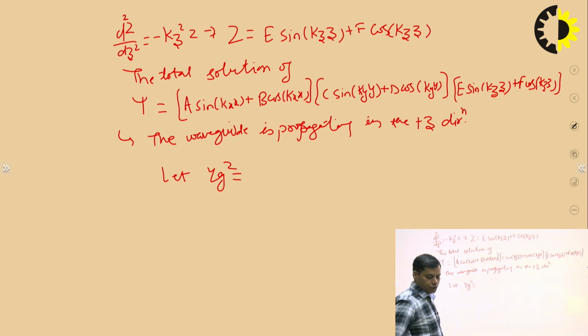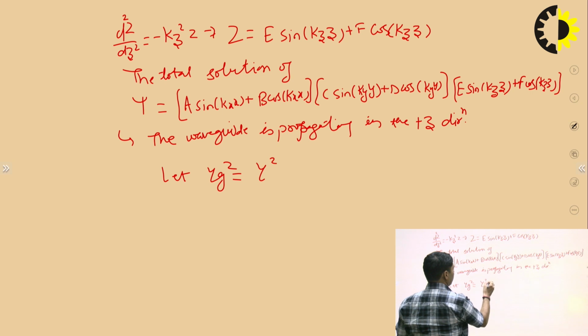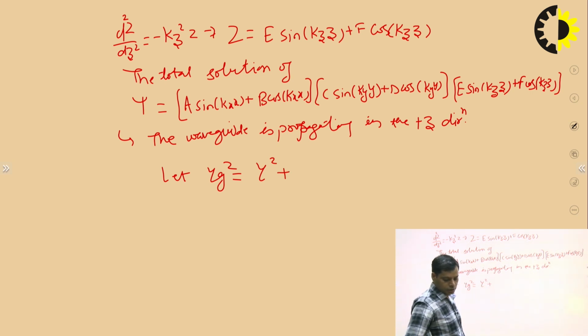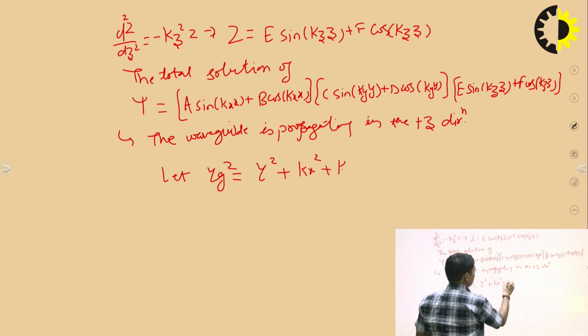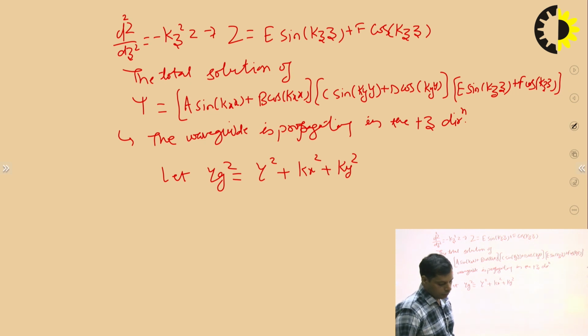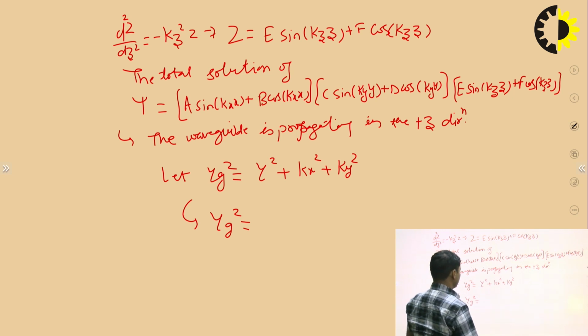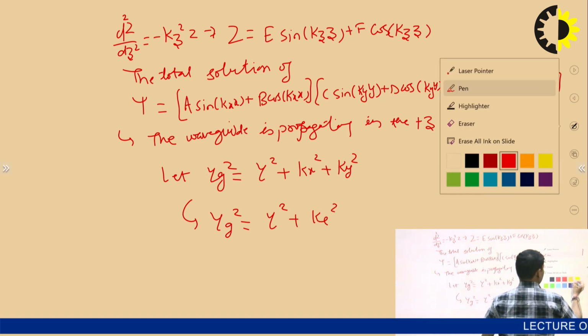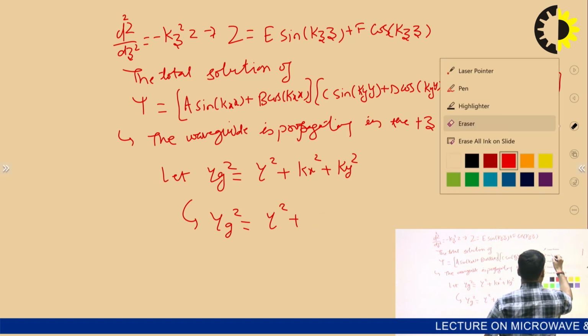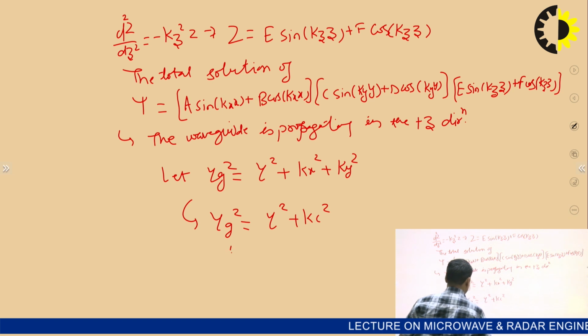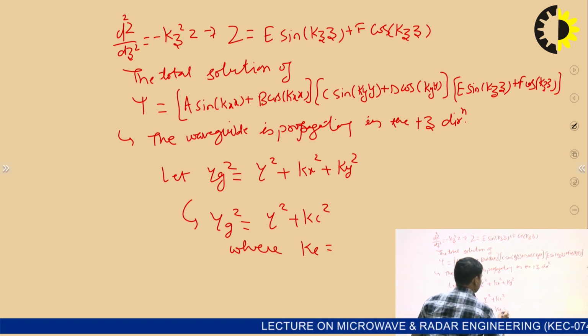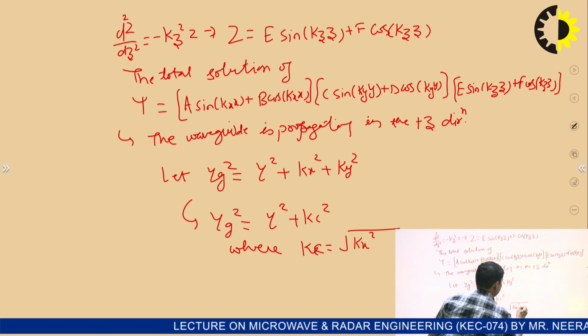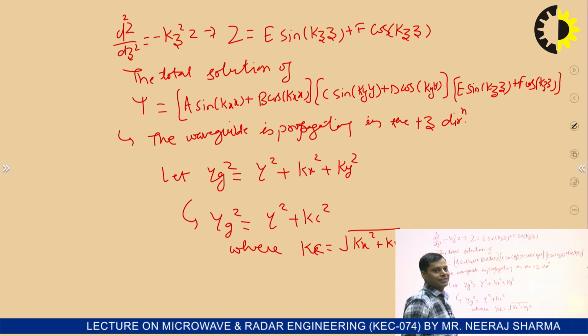So that means we can let gamma g square is equal to gamma square plus kx square plus ky square. Also we can change it and write gamma g square is equal to gamma square plus kc square, where kc is equal to the square root of kx square plus ky square, that is the cutoff wave number.